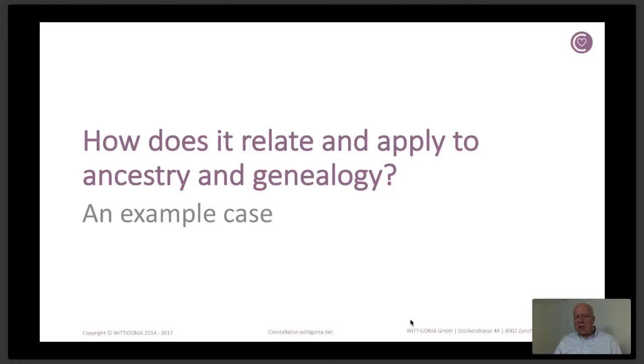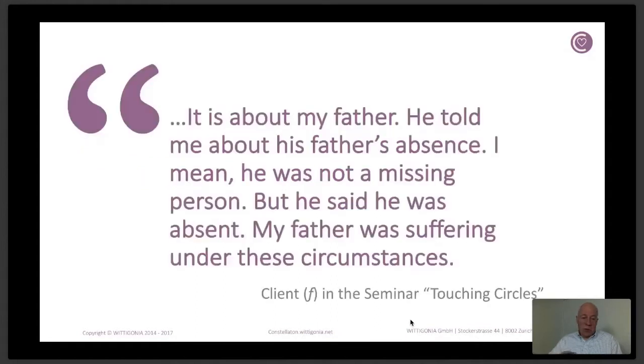So how does this all relate and apply to ancestry and genealogy in a very pragmatic and concrete case? Now I want to bring an example case from one of the seminars. And let me read this out. For those who cannot see the presentation here, the client in the seminar, Touching Circles, mentioned that it's about my father.